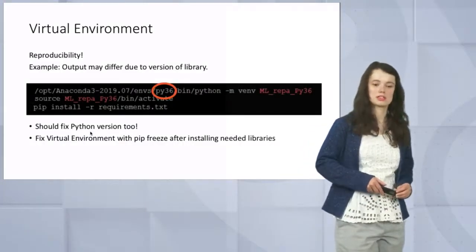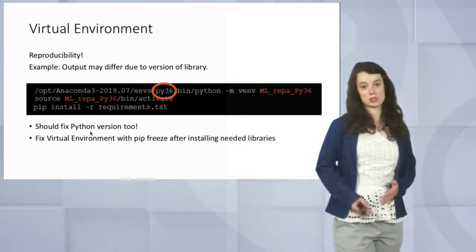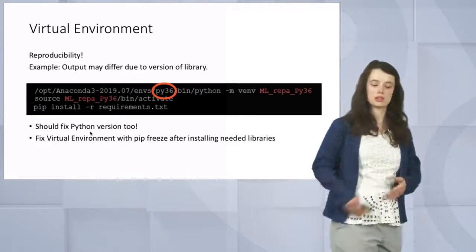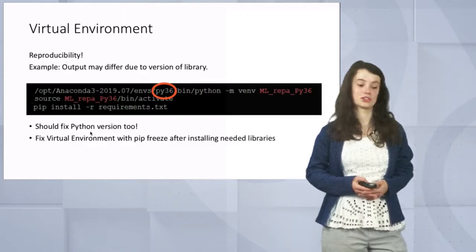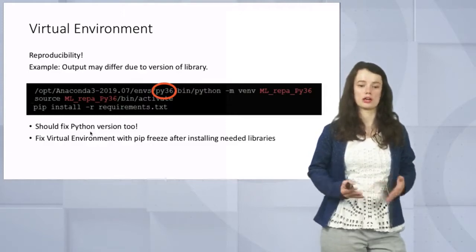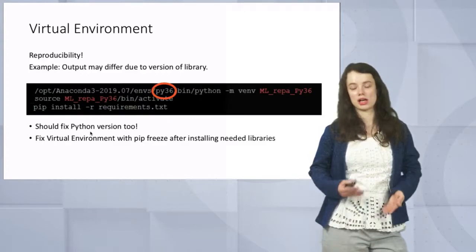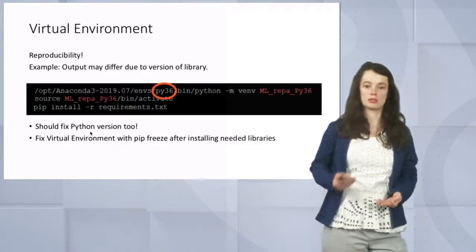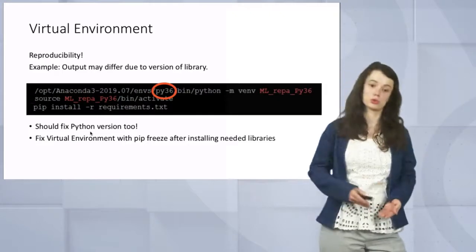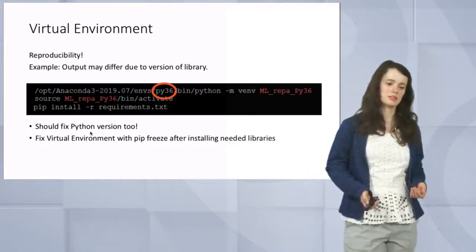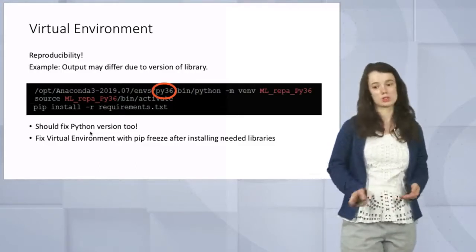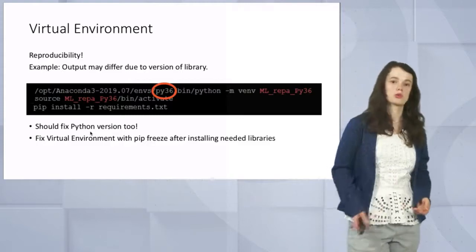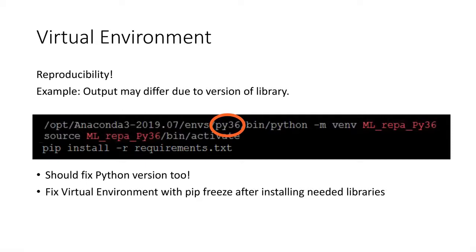A virtual environment is very useful because it helps you to sustain reproducibility of your code. There are a lot of strange examples in which libraries are changing. Some libraries are changing faster than others. For example, CatBoost is changing faster than XGBoost. It depends on the library, but you always need to fix these libraries, because if you need to reproduce these results half a year later, it can be impossible.